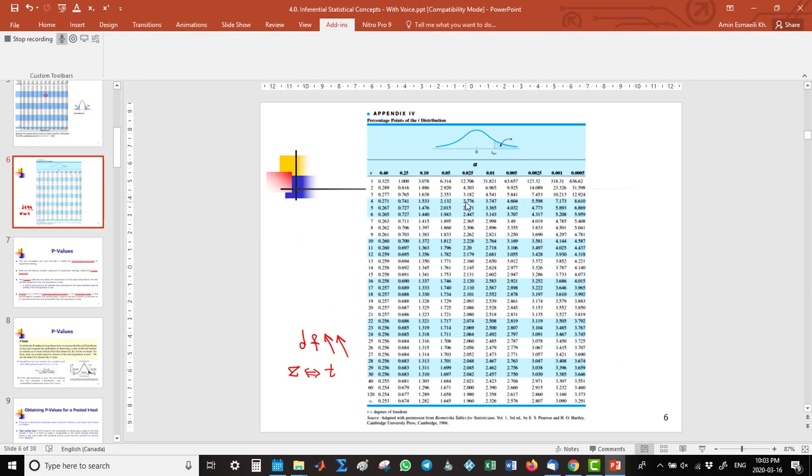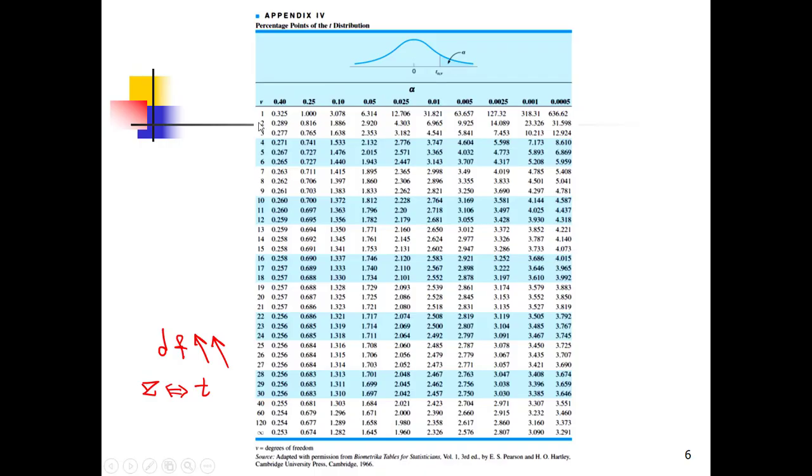I will use this t table for alpha 0.05, degree of freedom 9 here. So that gives me this t. I have alpha, and I have degree of freedom, which gives this one, 1.833.